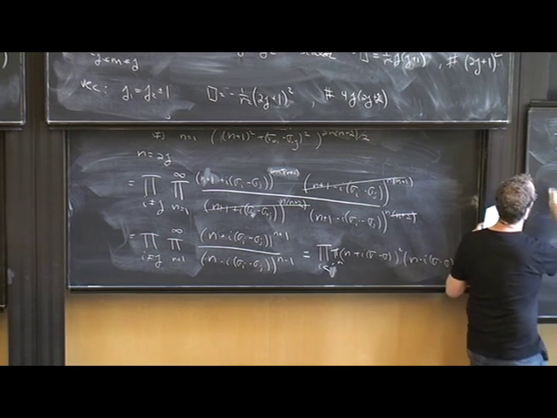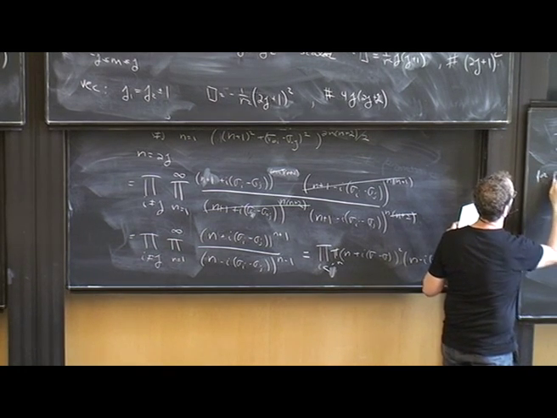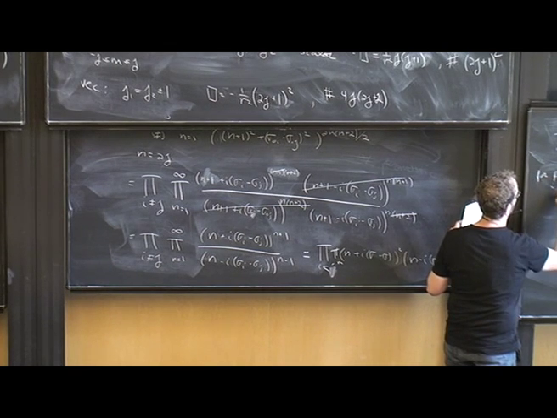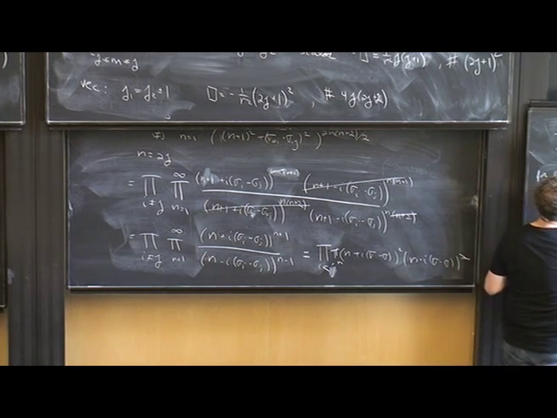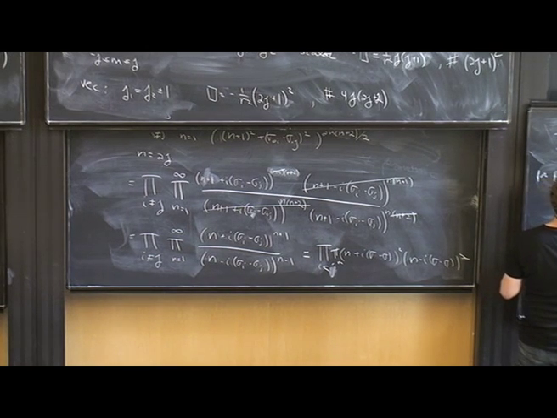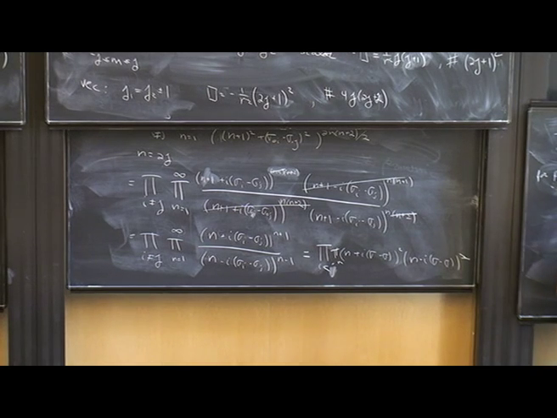So let me look at fixed i and j. I have here n to the fourth times a product n equals 1 to infinity of 1 plus i sigma_i minus sigma_j over n, 1 minus i sigma_i minus sigma_j over n.